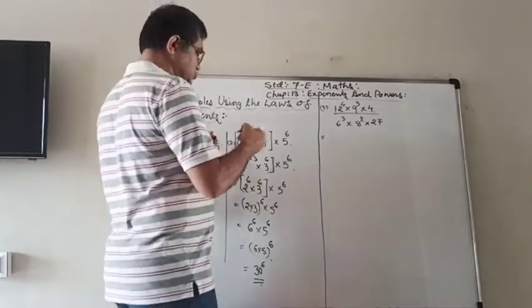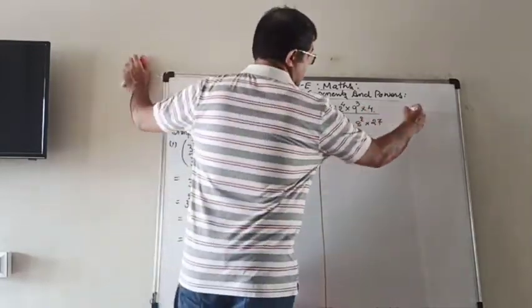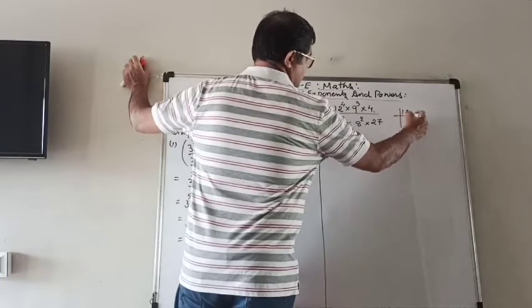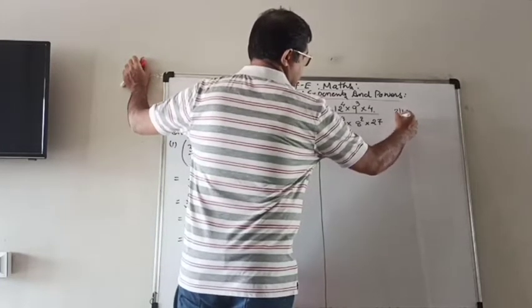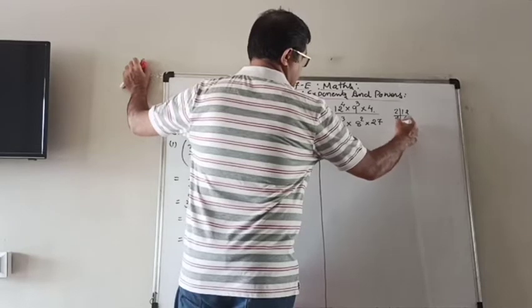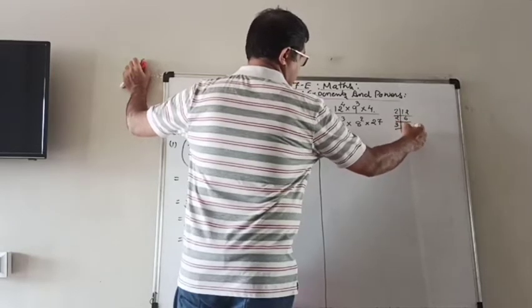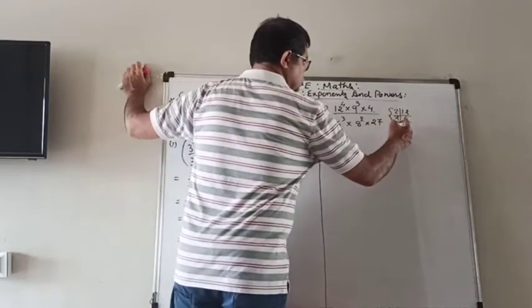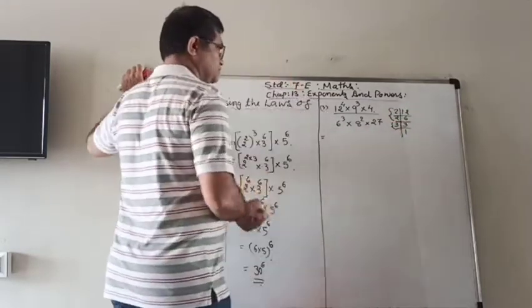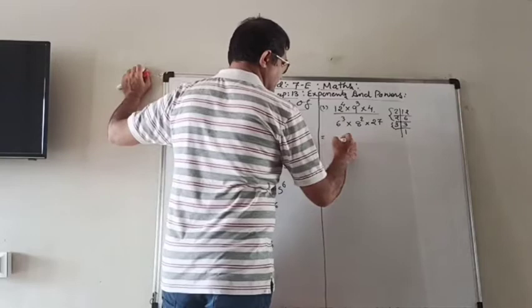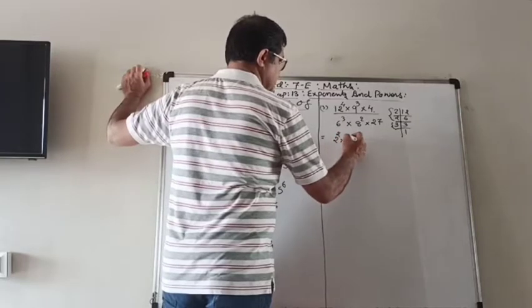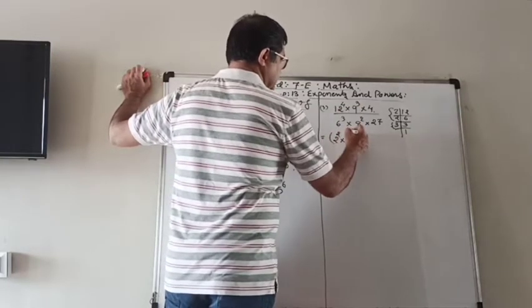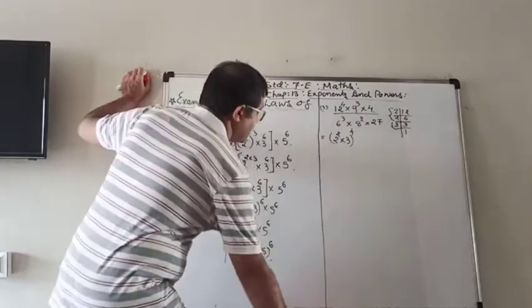For example, 12, we know that 2 sixes are 12, 2 threes are 6, and 3 ones are 3. It means 12 can be written as 2 square multiplied by 3. So in place of 12, I will write 2 square multiplied by 3 and whole power 4.